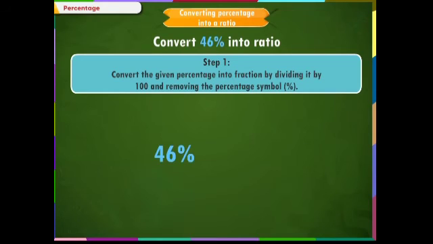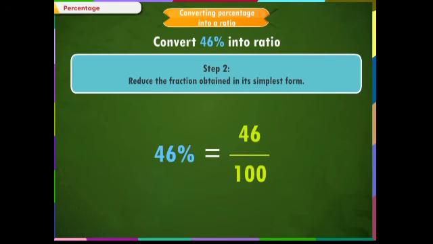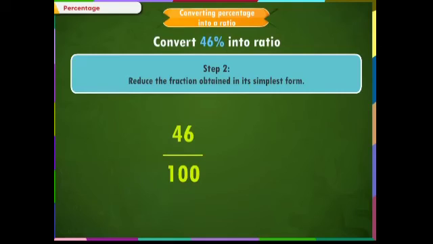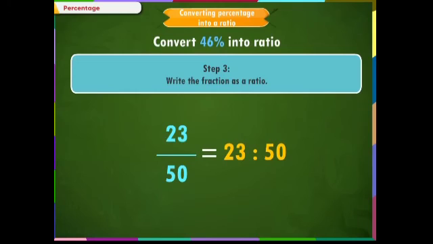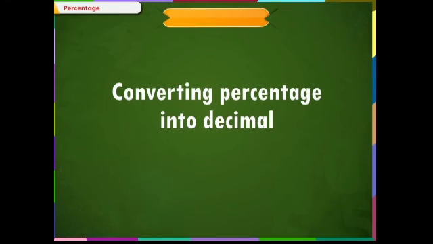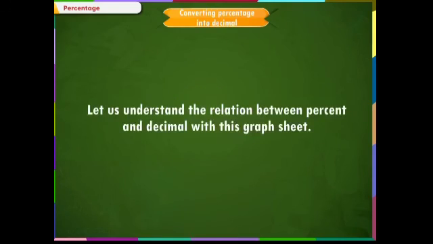For example, 46% is converted to a fraction as 46 divided by 100. Simplifying 46 by 100 gives 23 by 50. Next, write the fraction as a ratio. So, 23 by 50 can be written as 23:50.